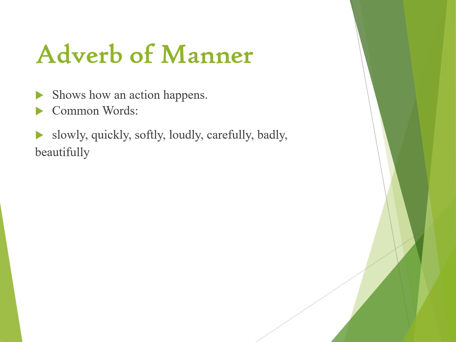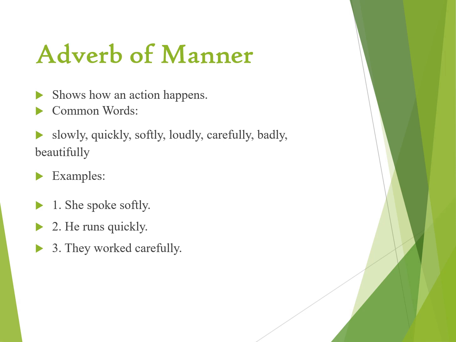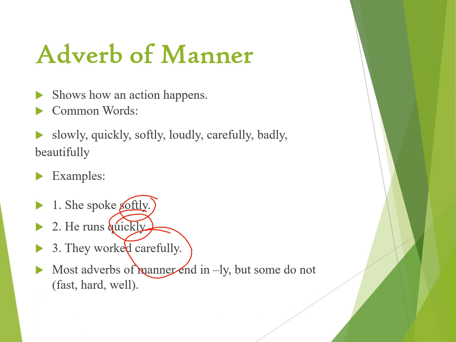Common words are slowly, quickly, softly, loudly, carefully, badly, beautifully. Examples: she spoke softly, he runs quickly, they worked carefully. So these words are adverbs of manner. Most adverbs of manner end in ly, but some do not. They are fast, hard, well.